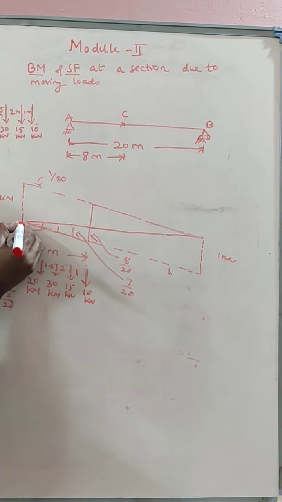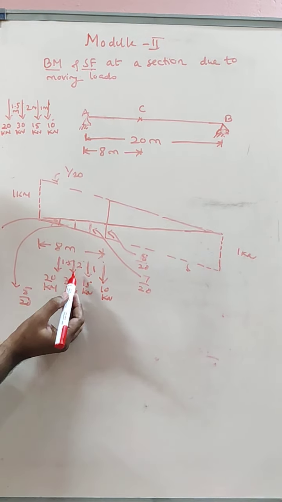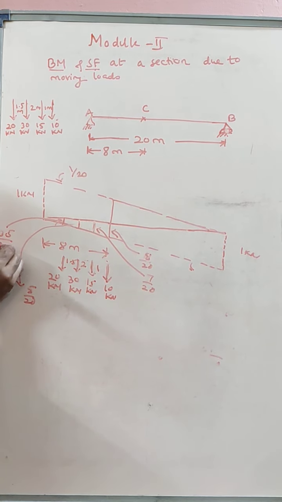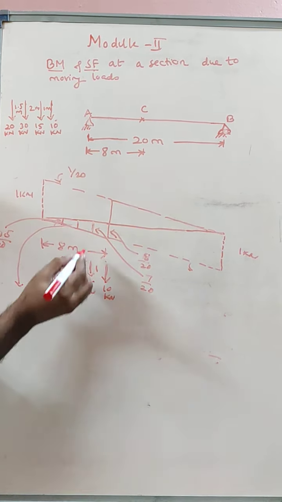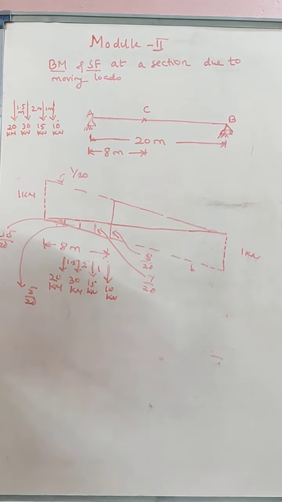And the last one, again 1/20 into 5 minus 1.5, 3.5/20. So this ordinate is 3.5/20, this ordinate is 5/20, this ordinate is 7/20, this ordinate is 8/20.